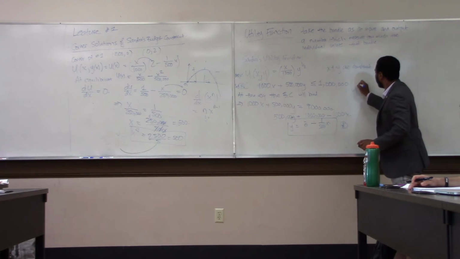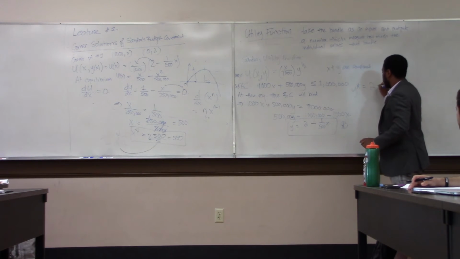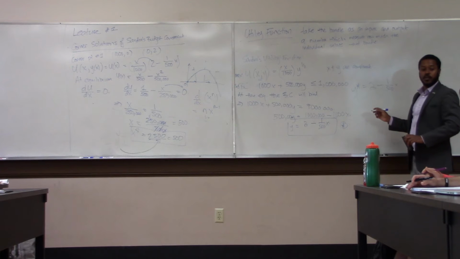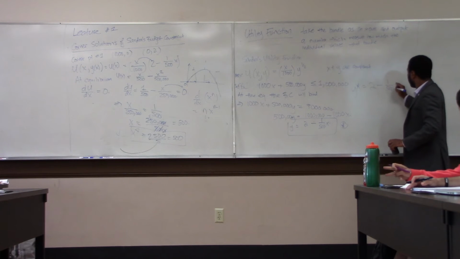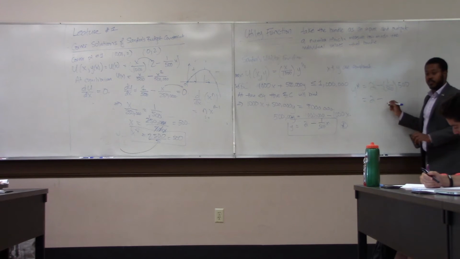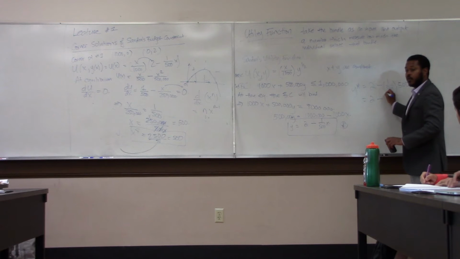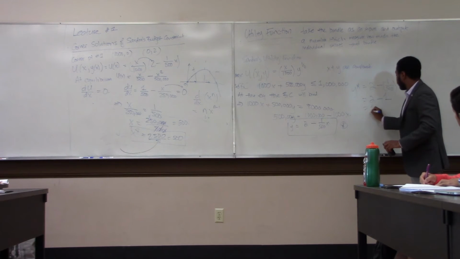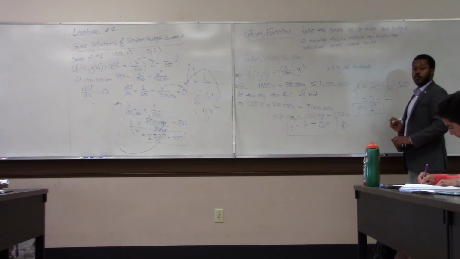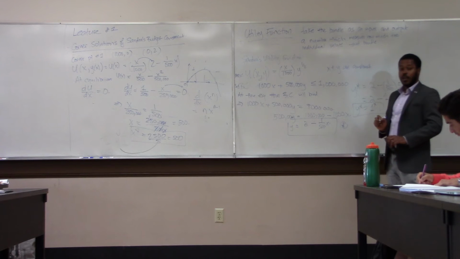So y star is going to be 2 minus 1 over 500 times x star, which is what's x star? 500, right? And so this is 2 minus 500 divided by 500, which is what? 1. So this is what? Y star is 1. Everyone follow that?